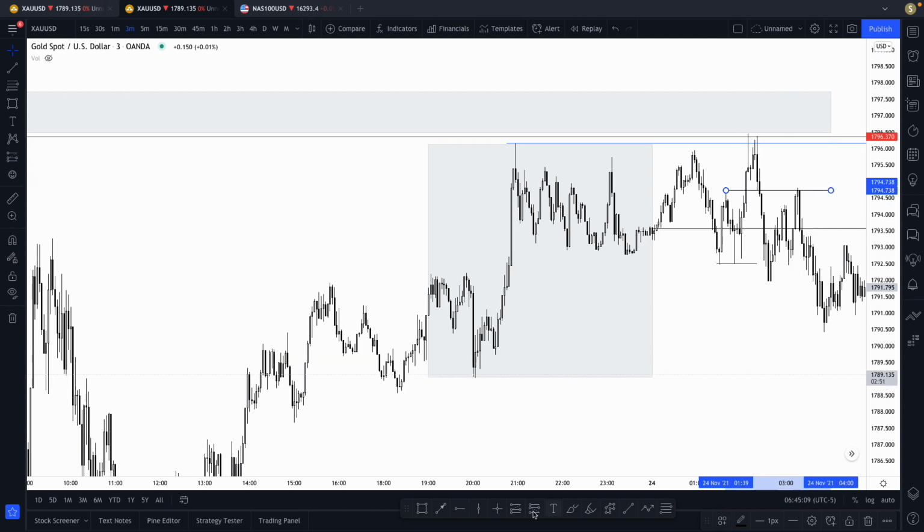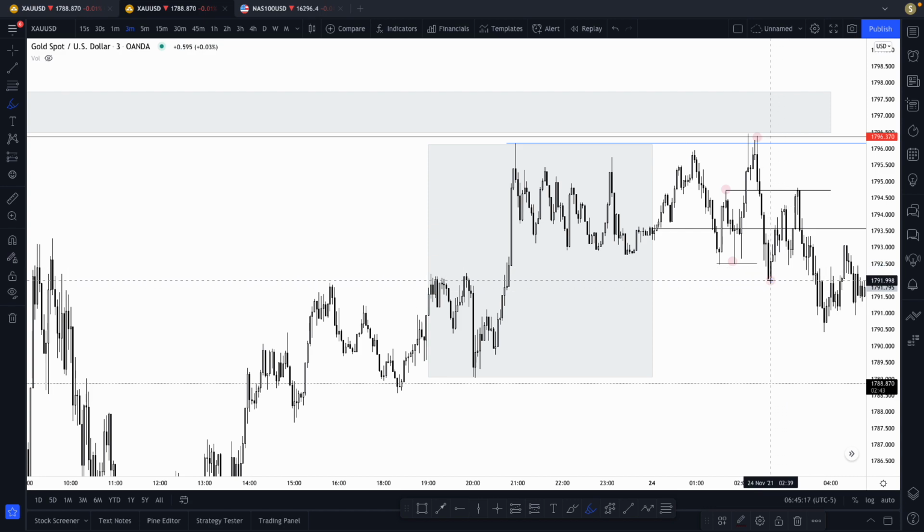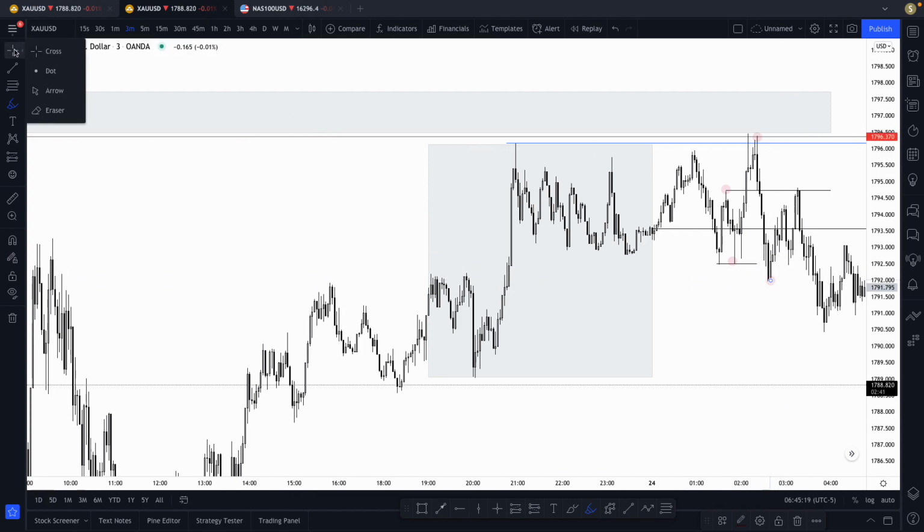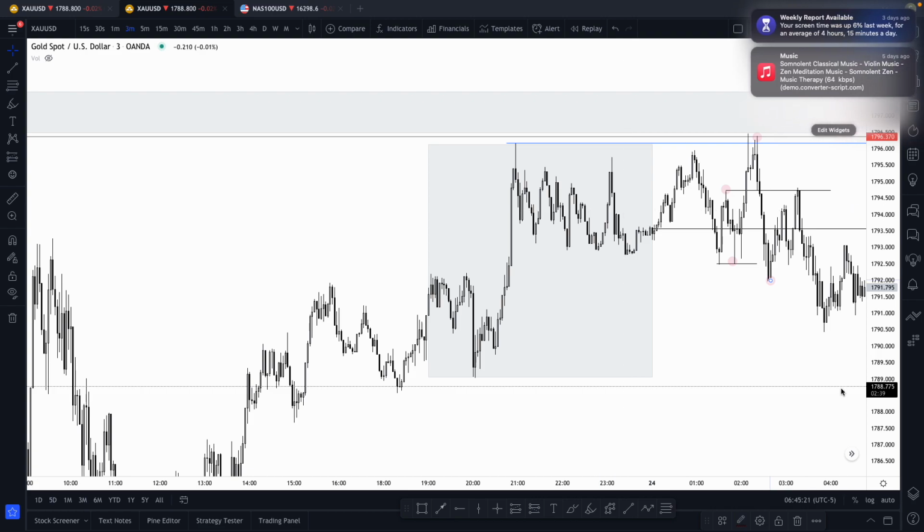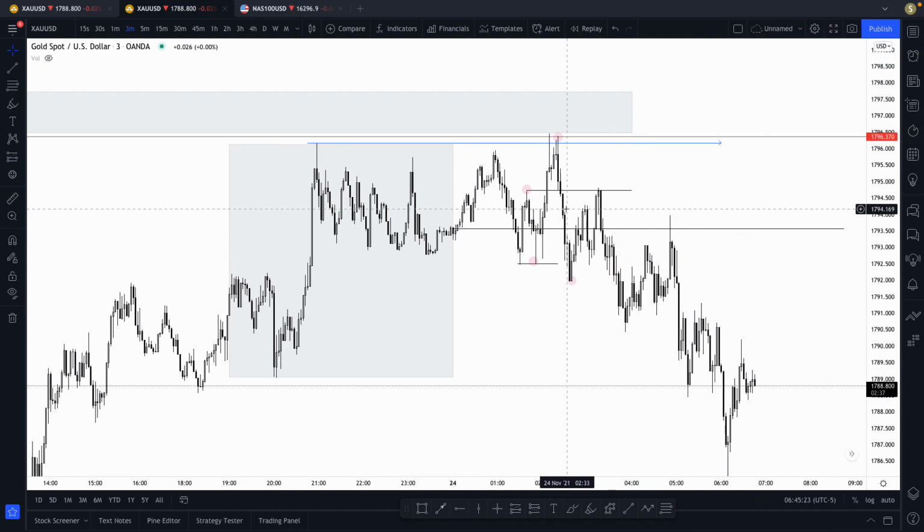You see QML level. We have the high, we have the low, the higher high, then market create a lower low, then market just push to the upside, mitigate there, then we continue.